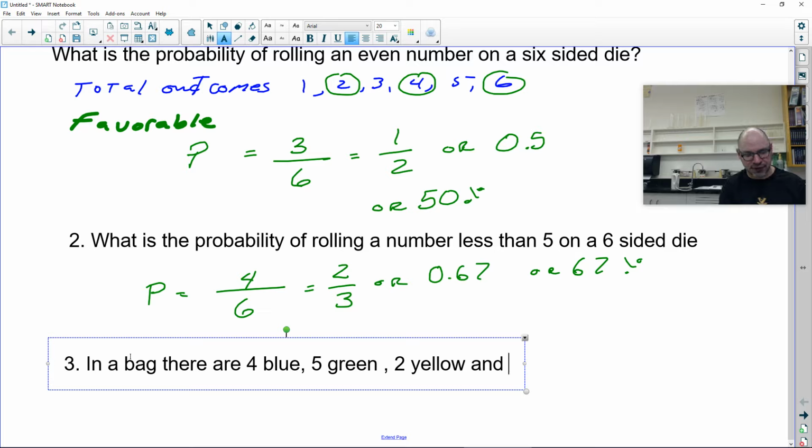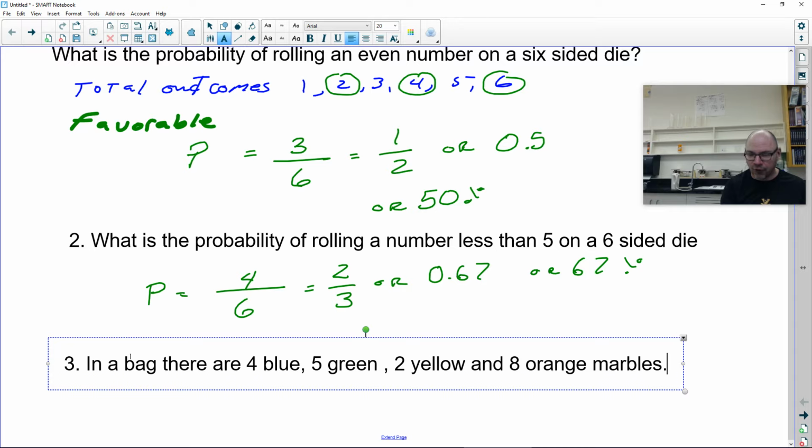Let's use 8 orange marbles. Oops, spell it right. Okay, so that's what's inside the bag.